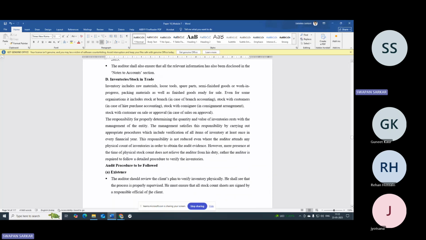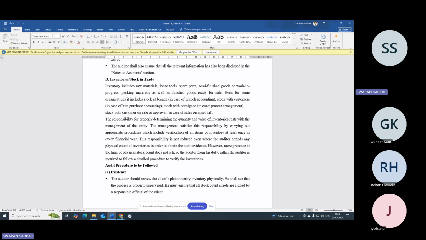Inventory or stock in trade. Inventory includes raw material, loose tools, spare parts, semi-finished goods, work in progress, packing material, as well as finished goods ready for sale. Even for some organizations, it includes stock at branch, stock with customer, stock with consignee. The responsibility for properly determining the quantity and value of inventories rests with the management of the entity.